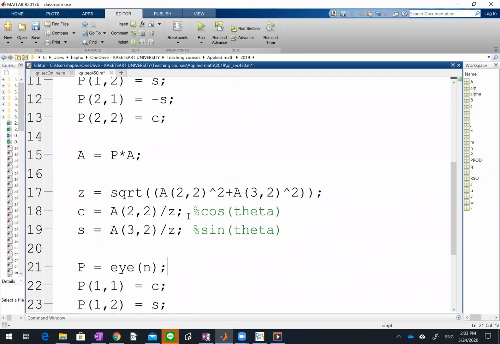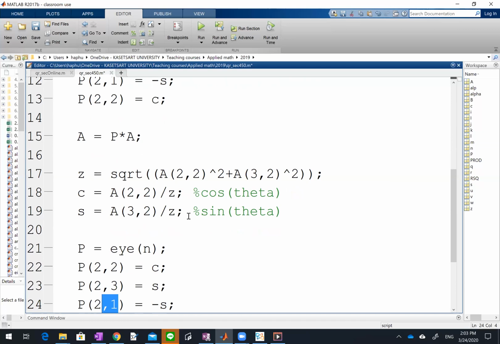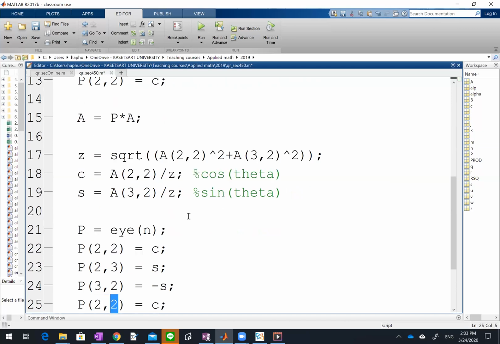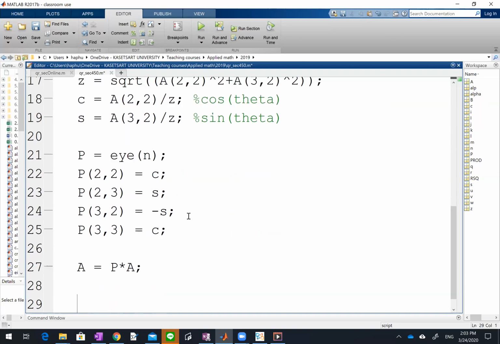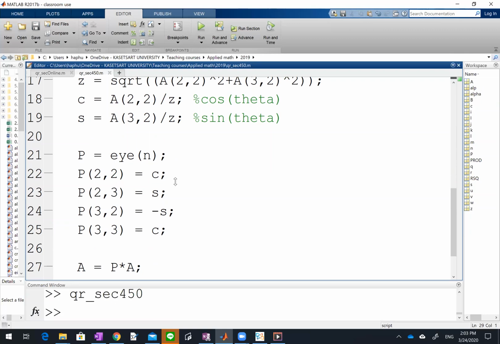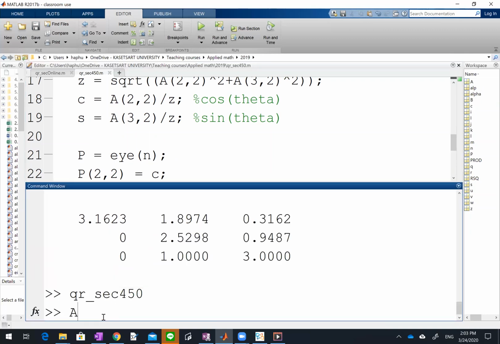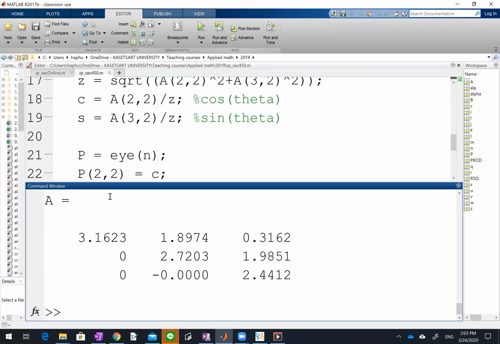P starts with the identity, and this is going to be 2, 2, 2, 3, 3, 2, and 3, 3. After updating the A, I should get an upper triangular matrix, which is actually my R. So now my A is the R matrix.